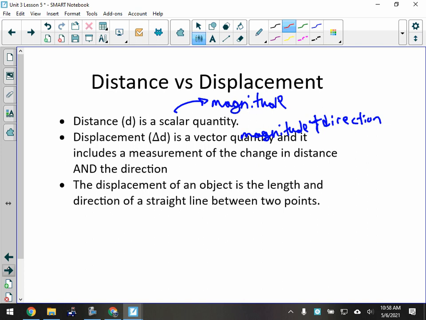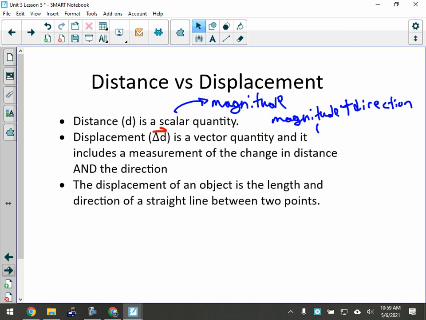The displacement, a slightly different word, and this should have an arrow above it, is a vector quantity, and because it's a vector quantity, it includes magnitude and direction.